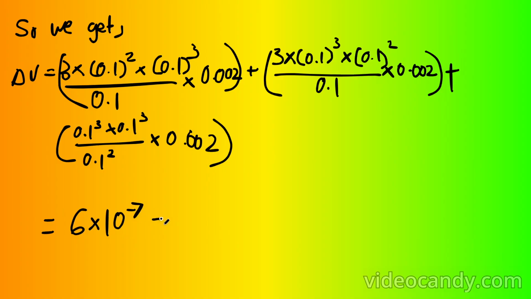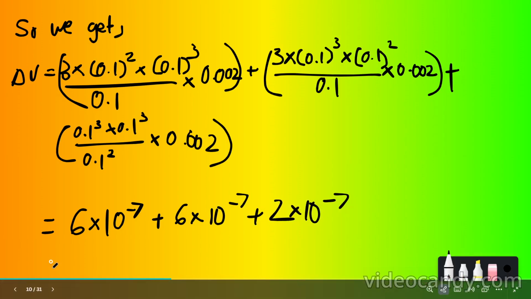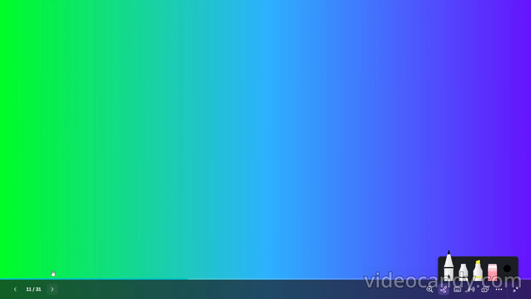So the answer is 6 times 10^-7 plus 6 times 10^-7 plus 2 times 10^-7. So the answer is 14 times 10^-7.